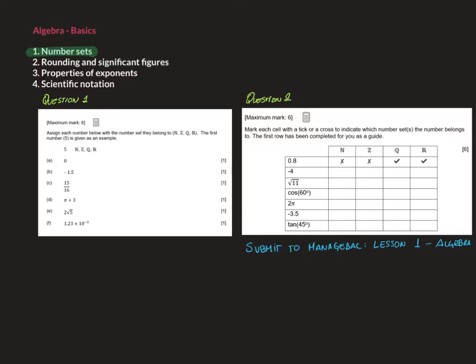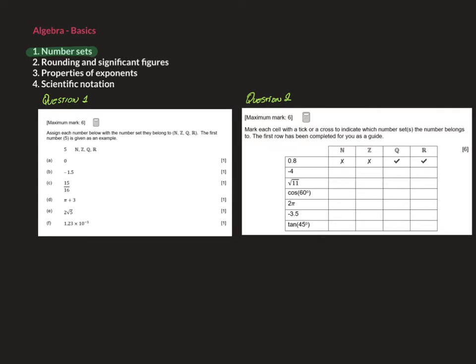So I'm going to do question 1, and question 1 says assign each number below with the number set they belong to, and the options that we have are the natural numbers, integers, rational, and real. The first number 5 is given as an example. So we know that 5 is natural, it's also an integer, and it's also a rational number, and it's also real.